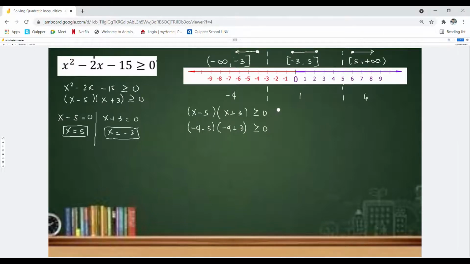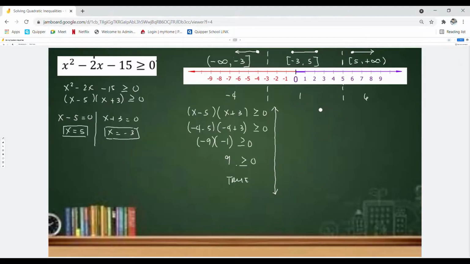Negative 9 and negative 1 is positive 9. Is 9 greater than or equal to 0? Yes. So you're going to say true, meaning this interval is already part of our solution.